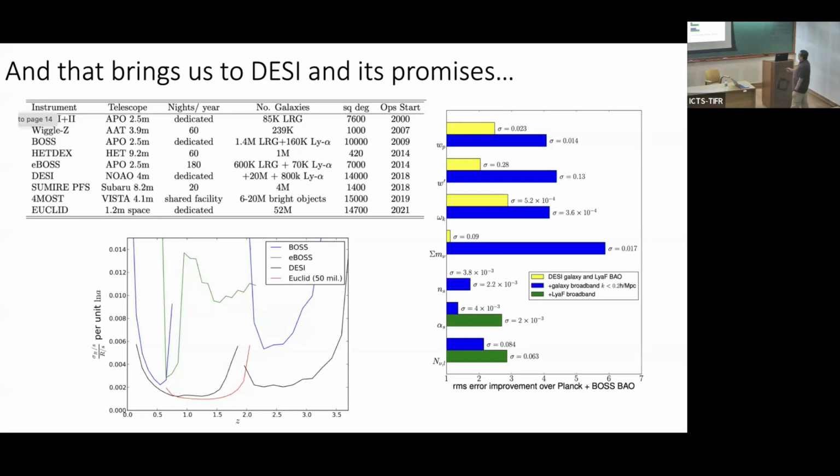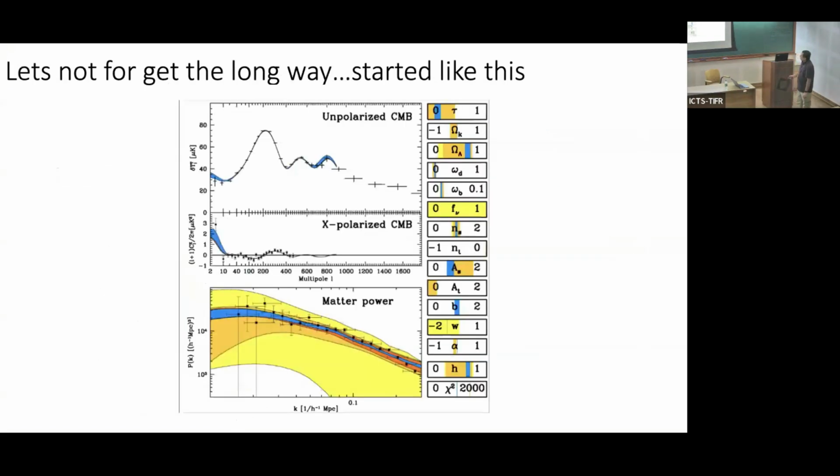And the promise of DESI was that they would do spectacularly in dark energy, in the mass of the neutrinos, and all the other cosmological parameters. You may try to remember this page or look it up later and see how much they have kept their promise when they have shown their first results. Okay, so that's about DESI.